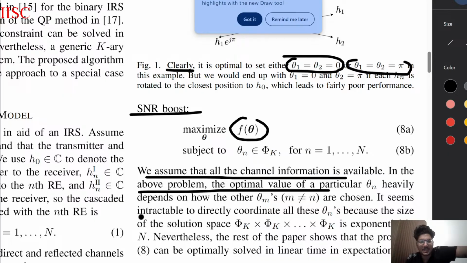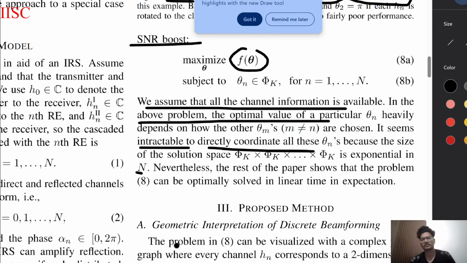It seems intractable to directly coordinate all these theta n because the size of the solution space is K to the power N. It is exponential in N.